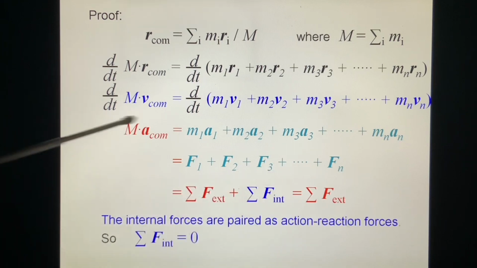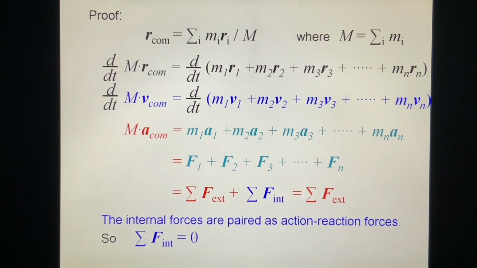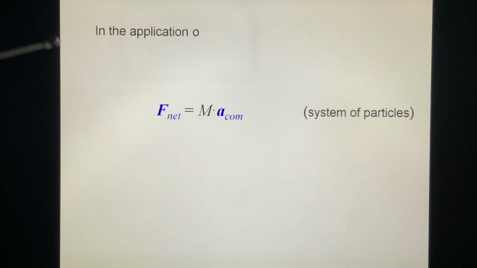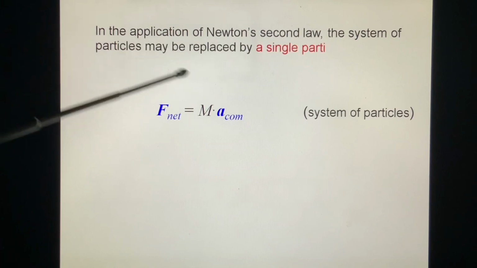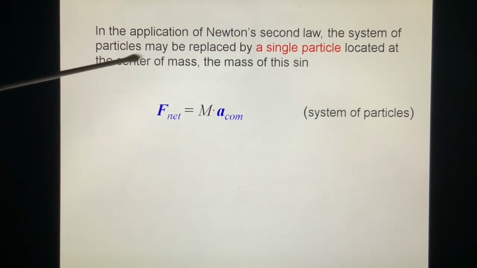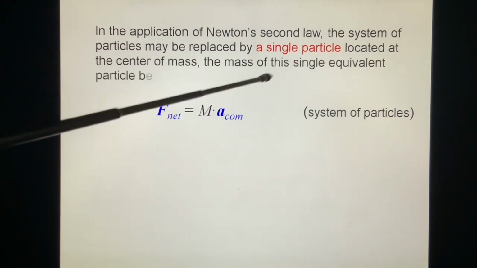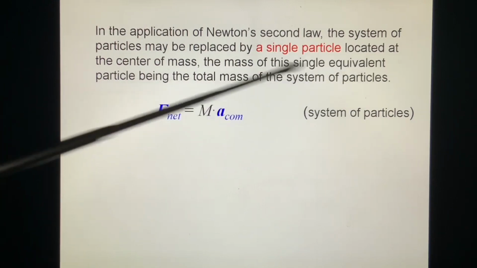So we get sigma F external equals M a com. This is Newton's second law for a system of particles. In the application of Newton's second law, the system of particles may be replaced by a single particle located at the center of mass, the mass of this single equivalent particle being the total mass of the system.